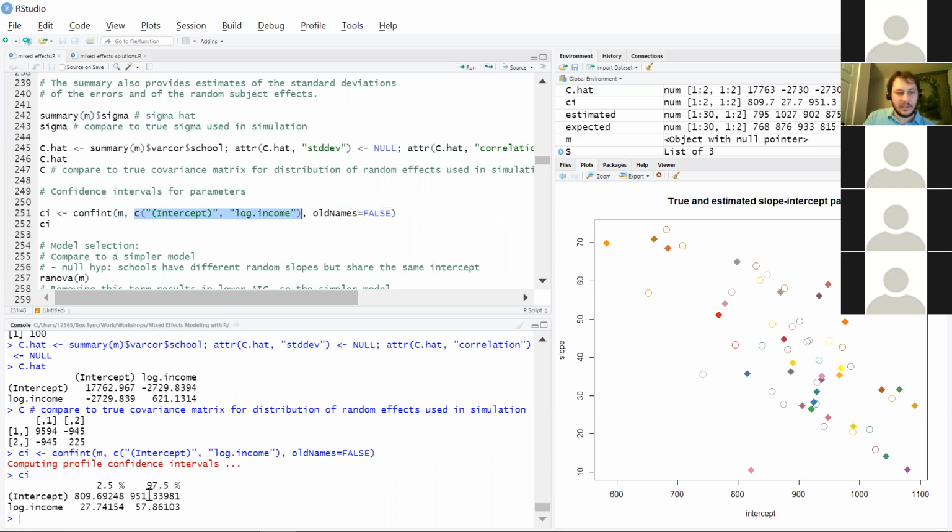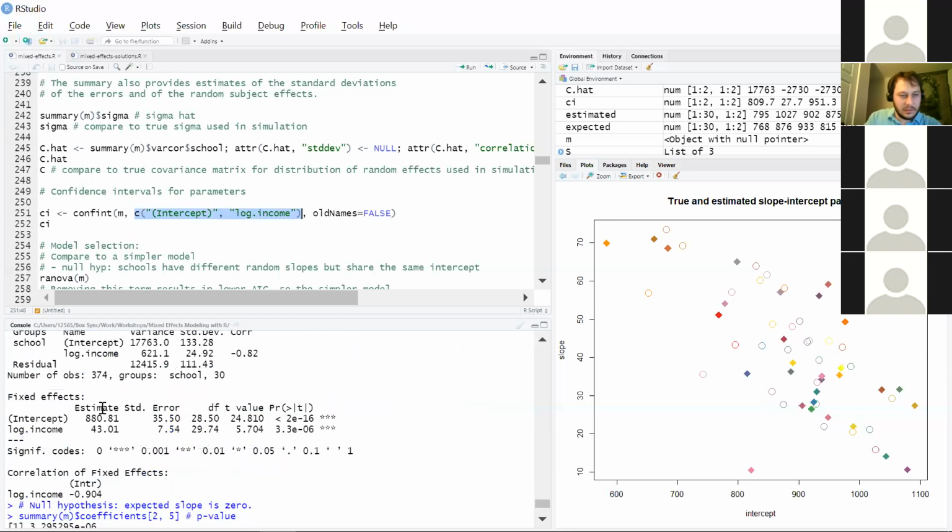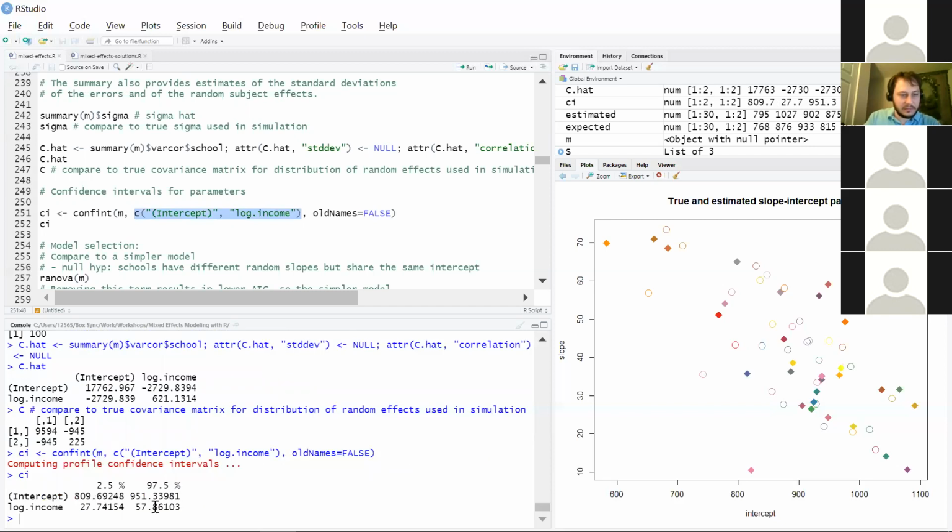And so here's the confidence interval for the black line's intercept. Here's the confidence interval for the black line's slope. And again, the estimates were right here, 880, 0.8, and 43. The confidence intervals are right here.